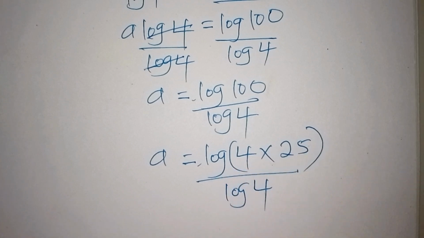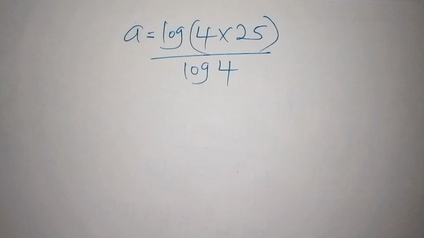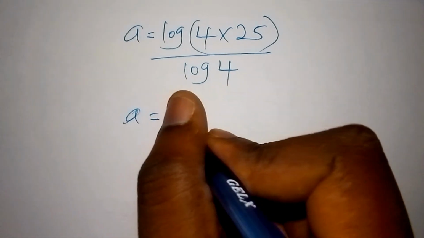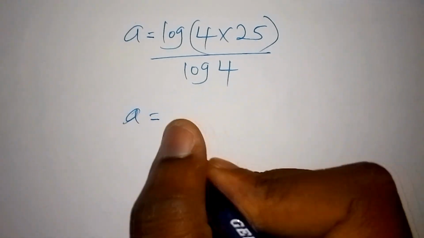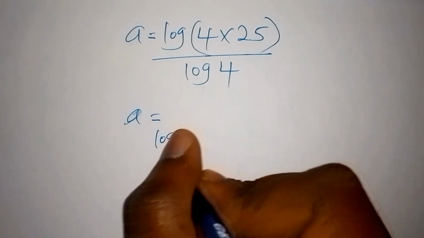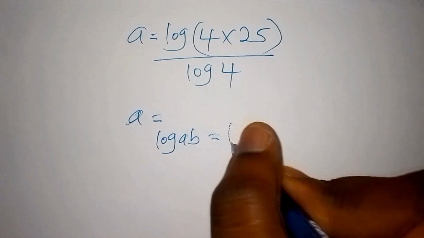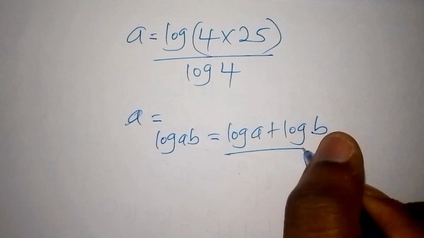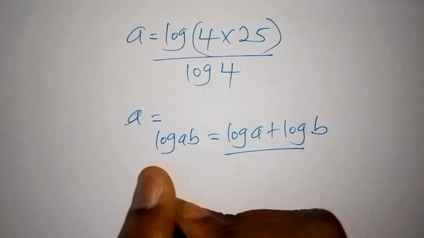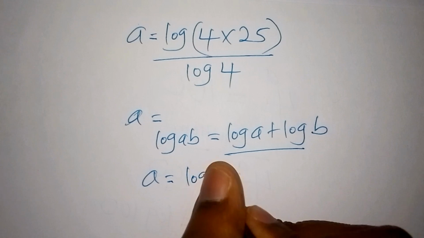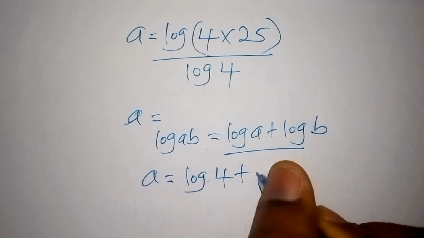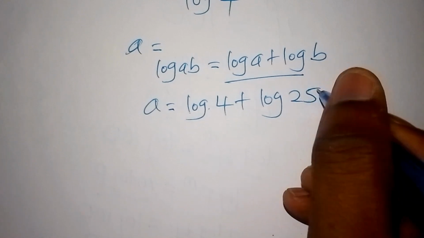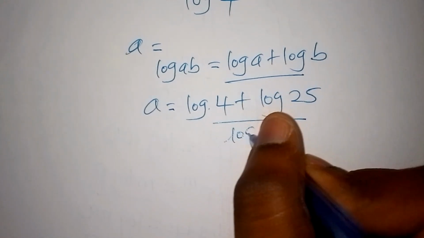Now assume that we have something like the log of ab. This one can also be written as the log of a plus the log of b. So in this case, we shall have a is equal to the log of 4 plus the log of 25, all over the log of 4.